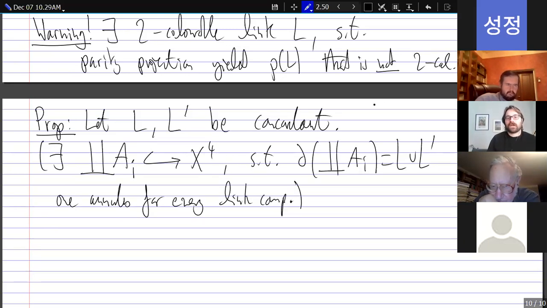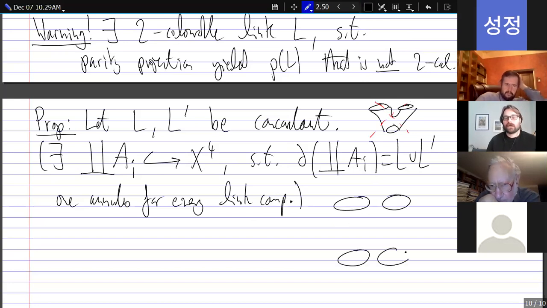I don't want to see something like two components going into one. So this is bad. I want some nice annuli that are allowed to link in the four manifold.